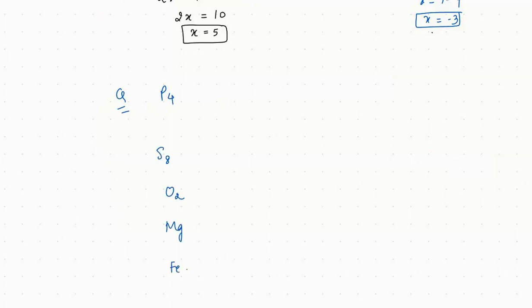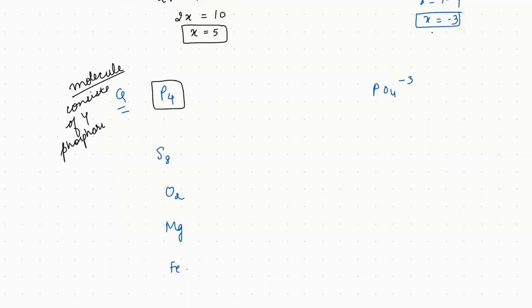Now understand, what is P4? P4 is a molecule, and this molecule consists of four phosphorus atoms.